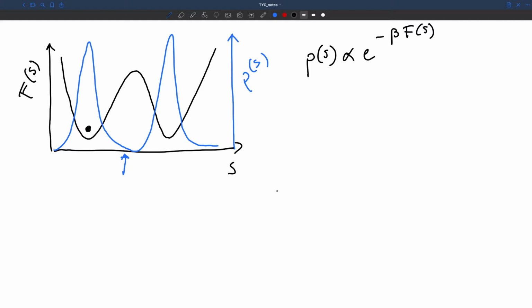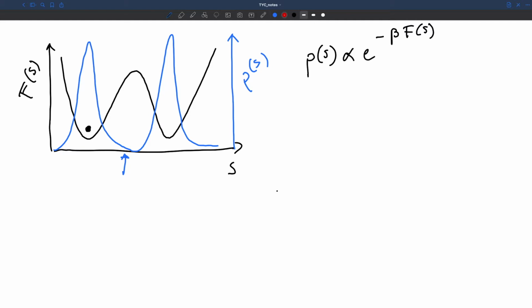So what is an alternative to this probability distribution? In other words, what is an advantageous probability density that we might want to be able to sample in a simulation in order to achieve the most effective sampling of the coordinate space projected on this variable s?